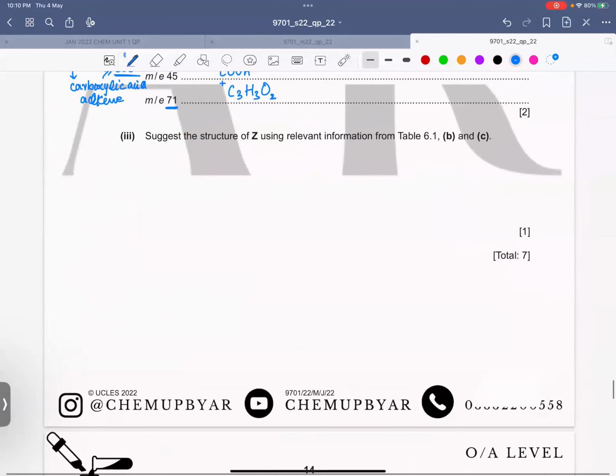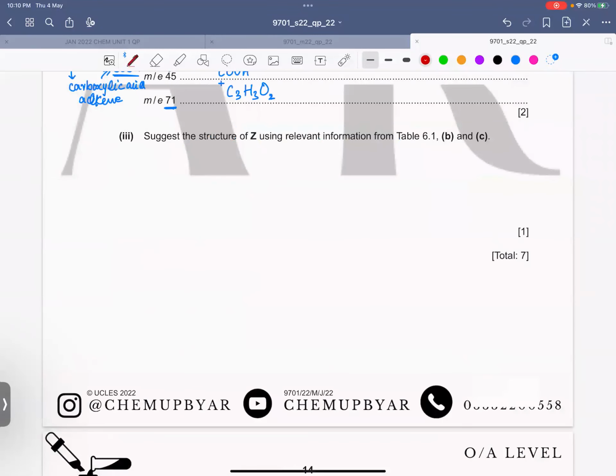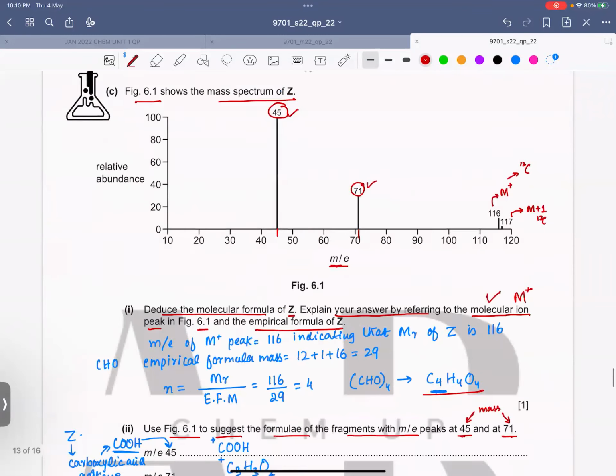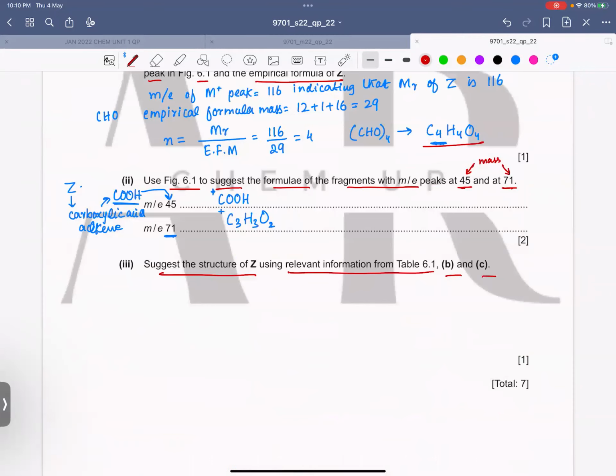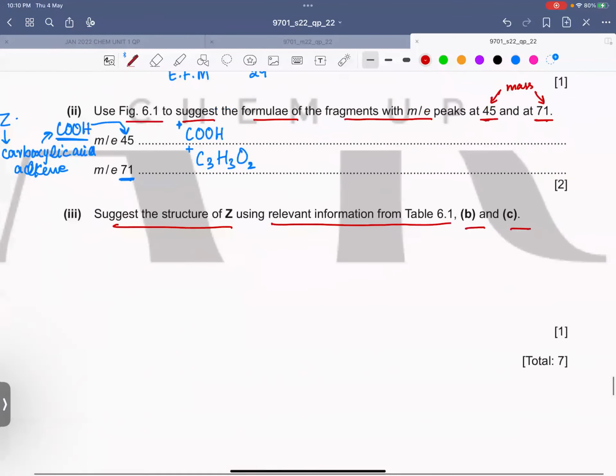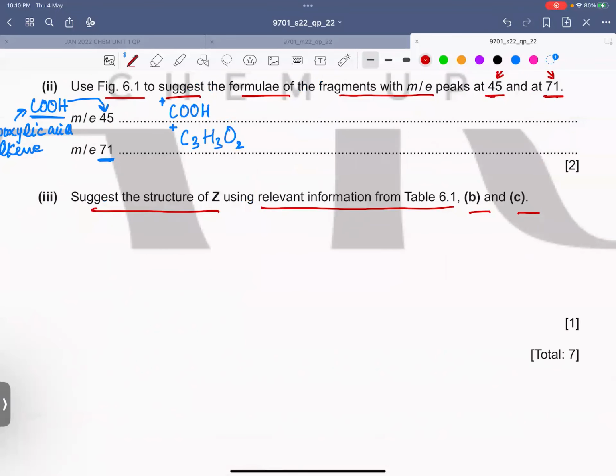Now, what they are saying: suggest the structure of Z using relevant information from table 6.1. Okay. So think from table 6.1, what information we have gathered: that there is a COOH and there is a carbon-carbon double bond, right?